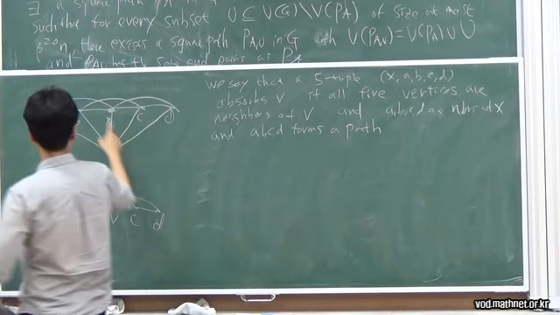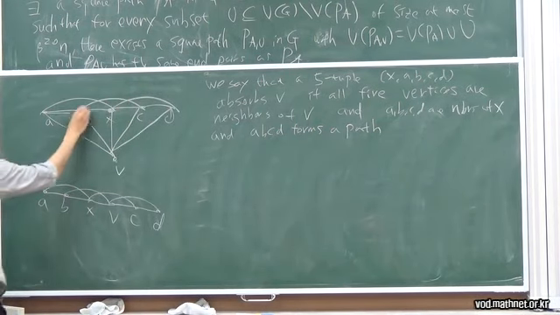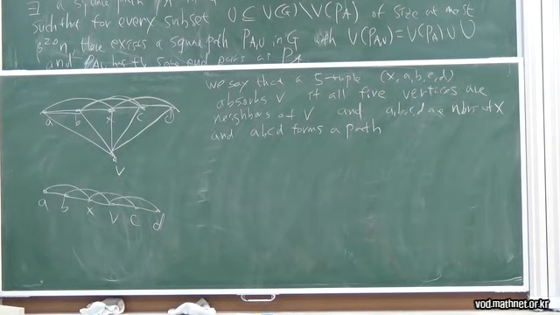So that's exactly what it said. X is adjacent to everything. A, B, C, D itself forms a path. So if this holds, then we say that the 5-tuple, that 5 ordered tuple, observes V.